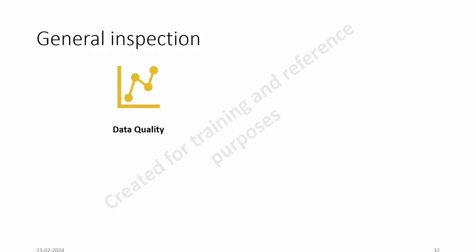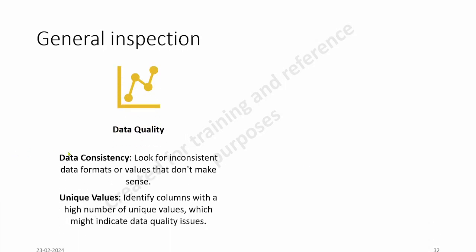General inspection for data quality. Some of the techniques can be a little difficult, for example, finding out the consistency of data. So how do we look for data consistency? Some of the simpler techniques can be formatting: if the alphanumeric column has a decimal value, or an alpha column has a numeric value, and so on and so forth.